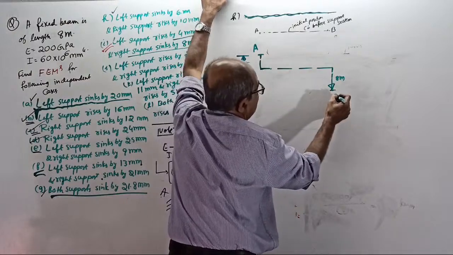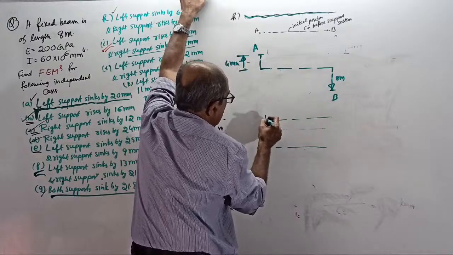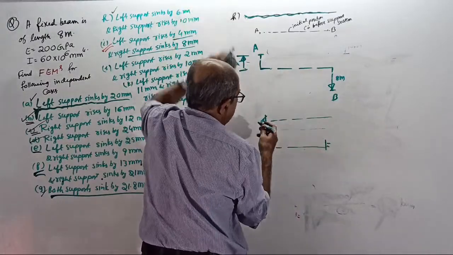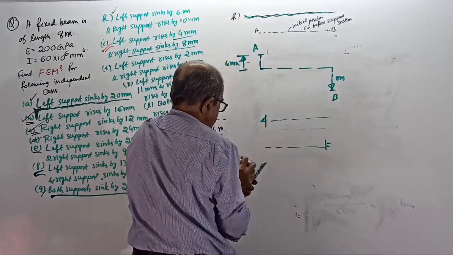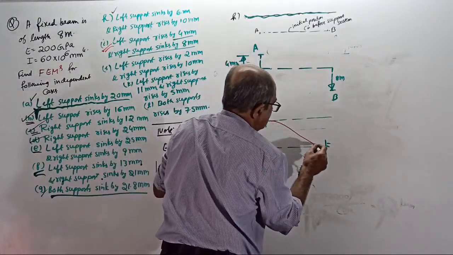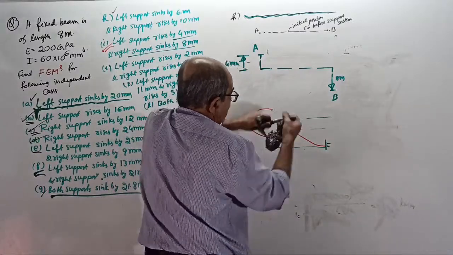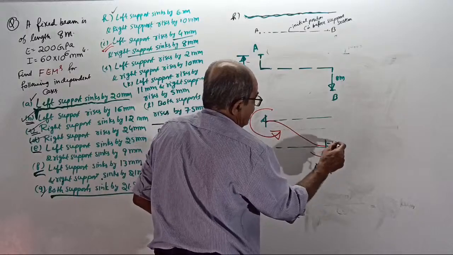This is A, this is B. A is on the upper side, B is on the lower side. The elastic curve is like this. If it goes this way, both moments are anti-clockwise.